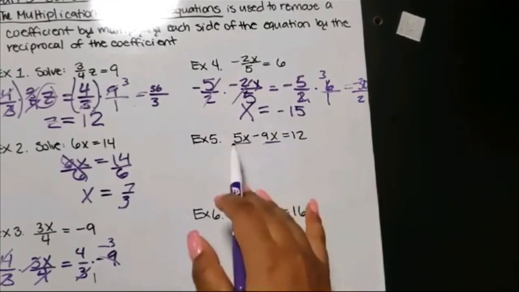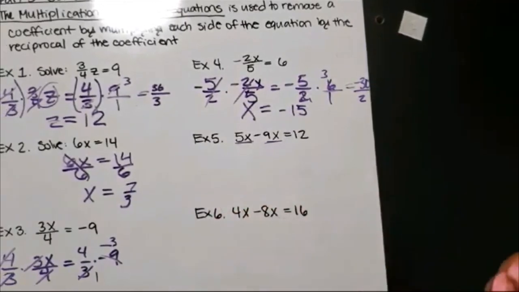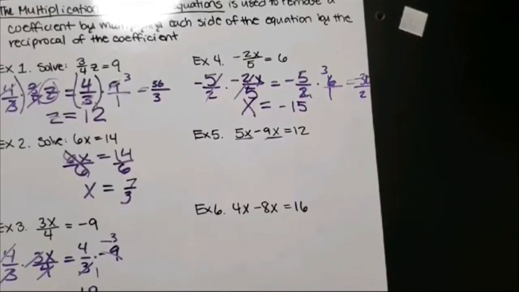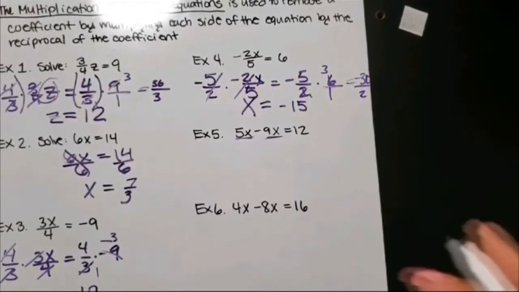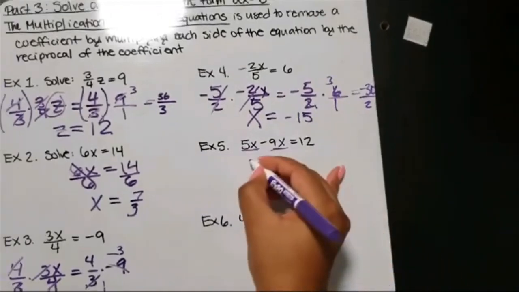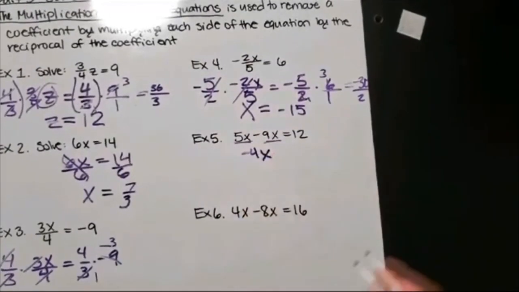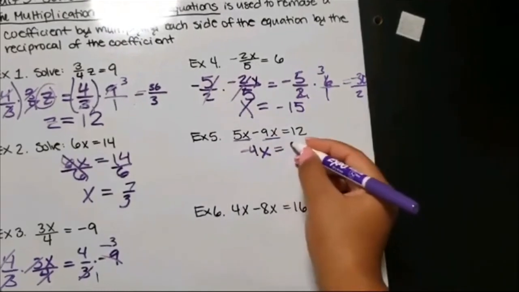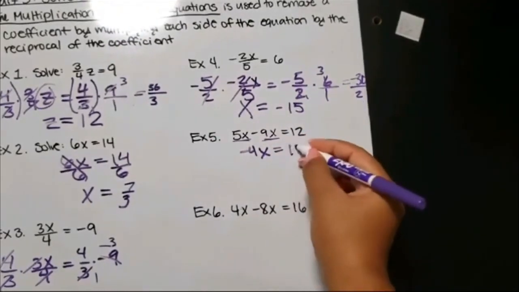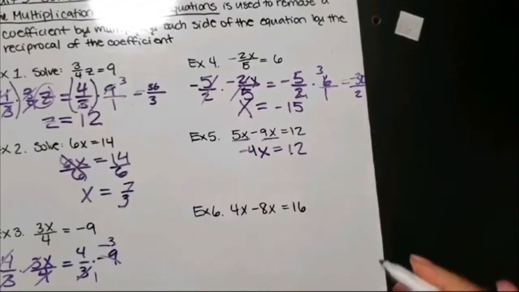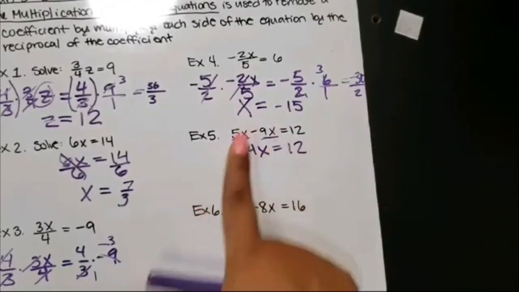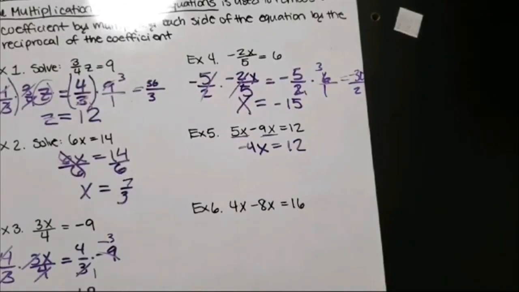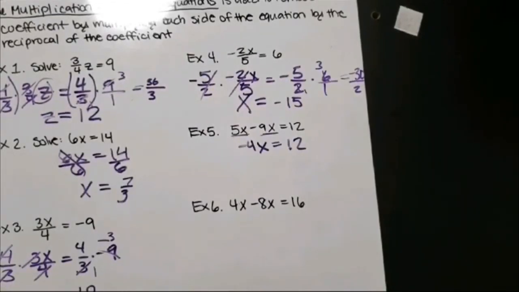So we have 5x minus 9x, which is like 5 apples minus 9 apples, which would be negative 4 apples, which would be negative 4x, okay? Then we bring our equal sign down and we bring our 12 down. Now that the left and the right side are both simplified, we can start moving things, okay?